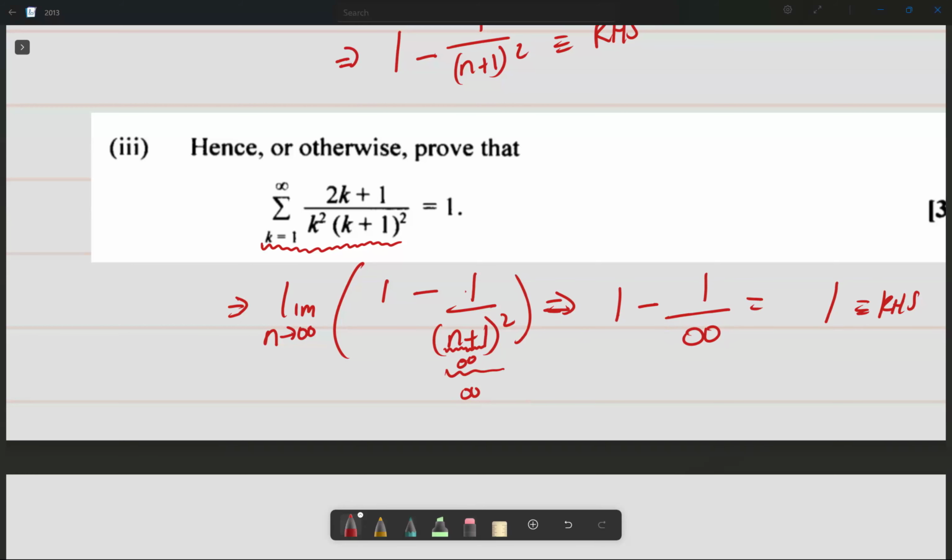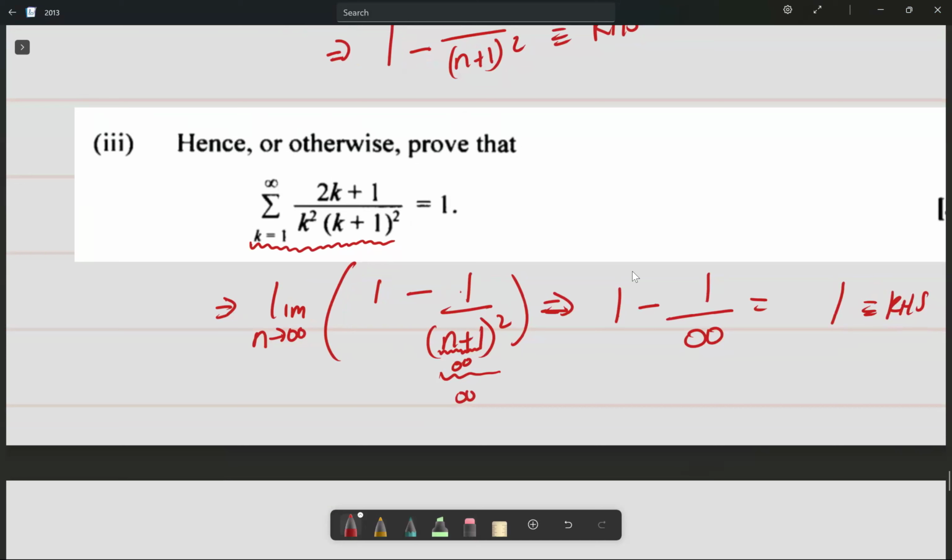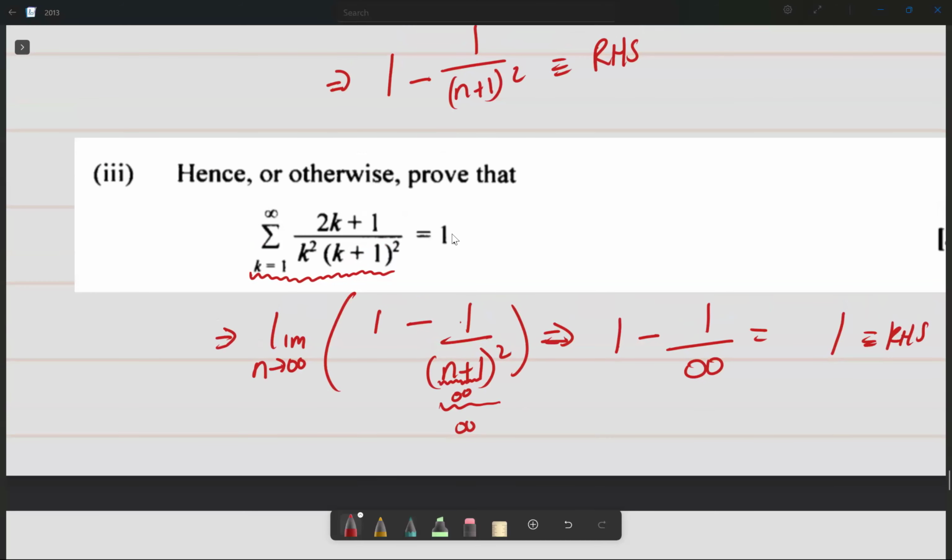No? Hold on. Where did you insert? Wherever there was a k, you inserted infinity, right? You substituted with infinity, right?